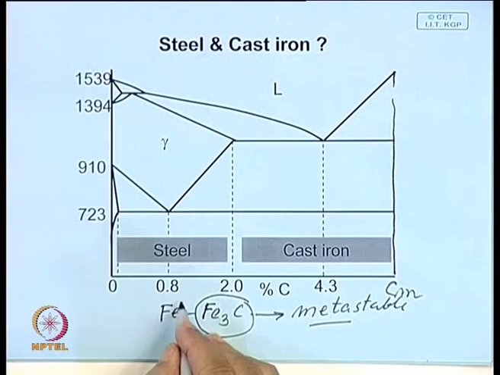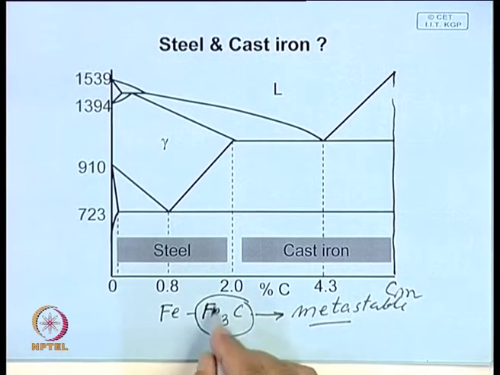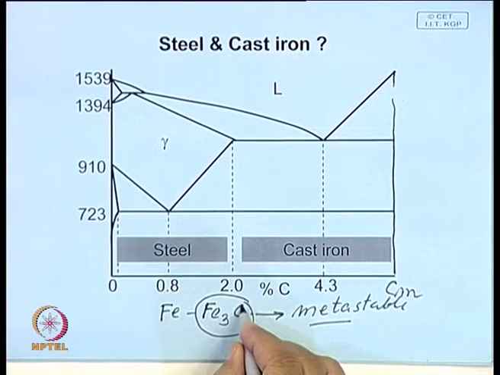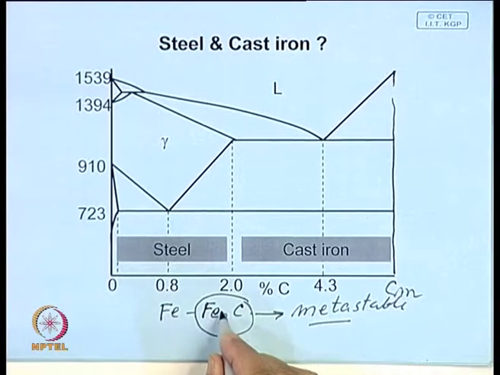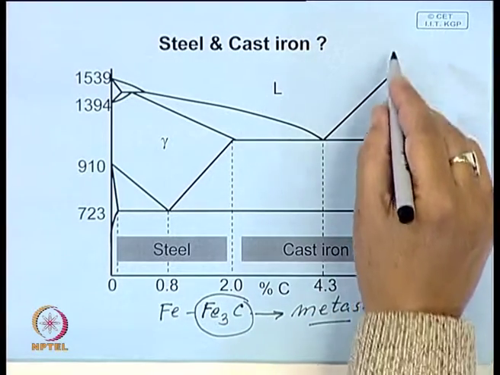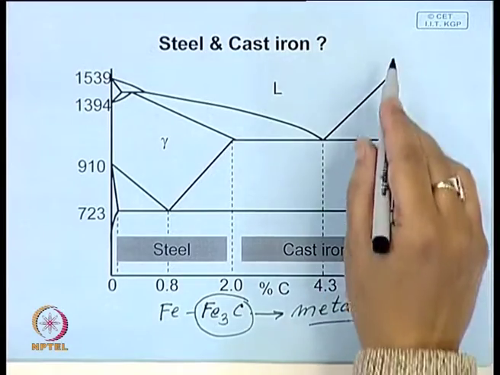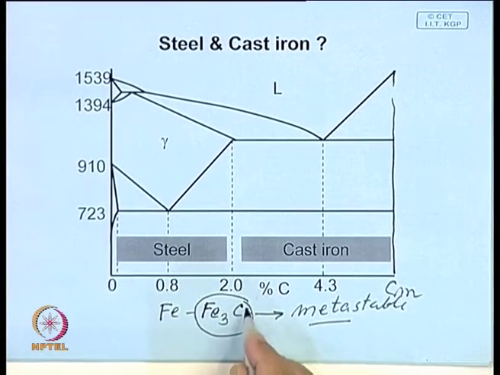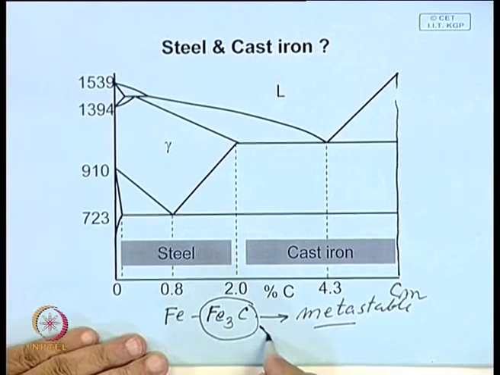Unlike pure metal, where in BCC you have only 2 atoms per unit cell, here you will have a large number of atoms per unit cell. It has a little complex structure, but let us not go into the details of that. Its melting characteristic will be exactly like a pure compound. So, we can say this is some kind of compound-like structure, and this is called cementite.